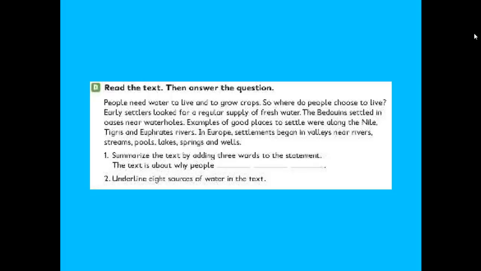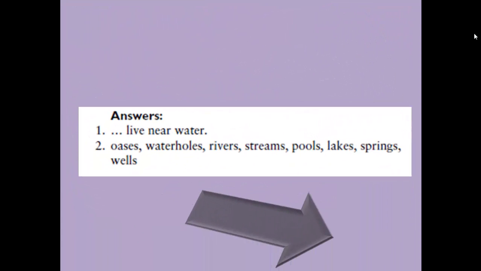So these 8 sources were mentioned in the previous text. Let's see the answers. They are here in front of you, my dear students. The 8 sources of water are oases, waterholes, rivers, streams, pools, lakes, springs, and wells.